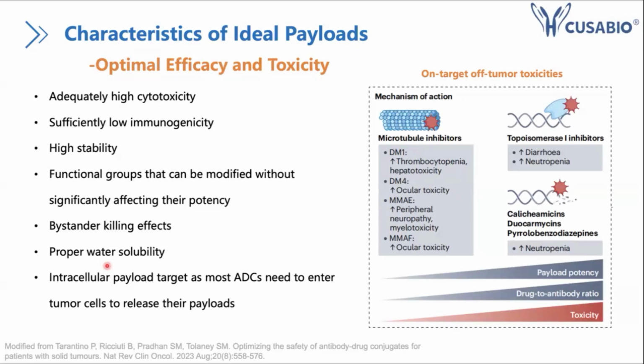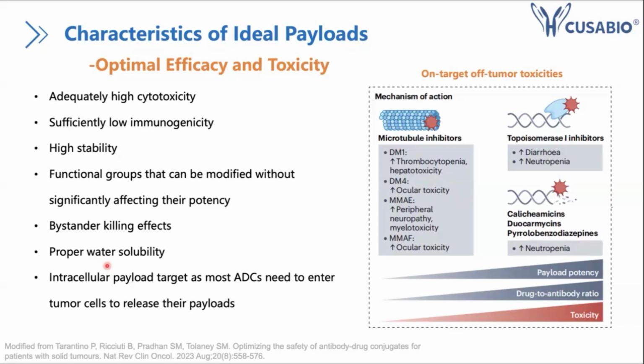damage to the cells. This is pretty common in solid tumors, because in solid tumors the antigen expression is not always that clean. It means that even in healthy cells, the antigen may have a low expression. And people always say that when we increase the bystander killing effect, we can improve the efficacy against the tumor cells.